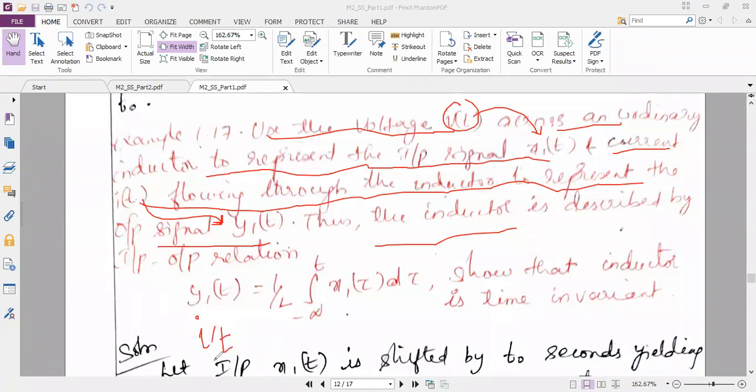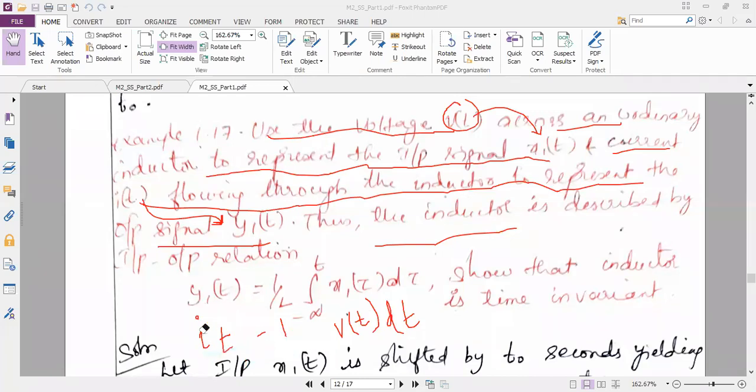So this is your original inductor formula, inductor input output relation. I will get the current when I integrate the voltage. So instead of using I and V in the question, they have used Y and X.